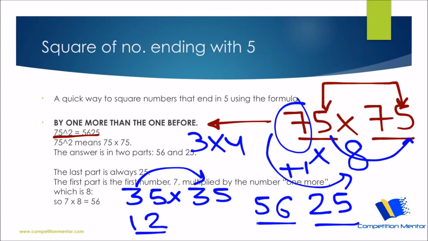And 5 into 5 is 25. So 35 square is 1225. As you can see, I have placed two examples in front of your screen to help you understand this logic in a very simple way. If you have any doubt with this one, please post in the comment section.